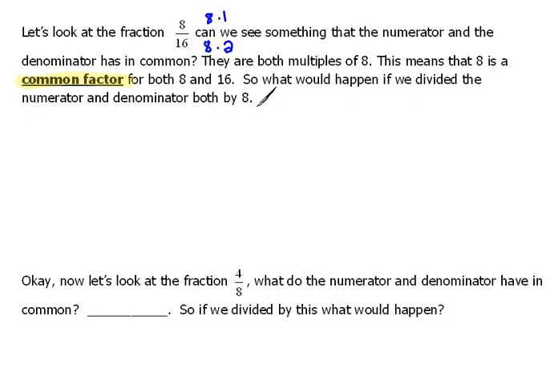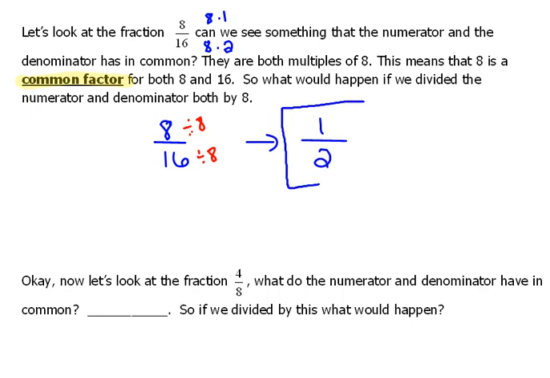Now what would happen if we took that 8/16 and divided both the numerator by 8 and the denominator by 8? What would we have? Well, 8 divided by 8 would be 1, and 16 divided by 8 would be 2.